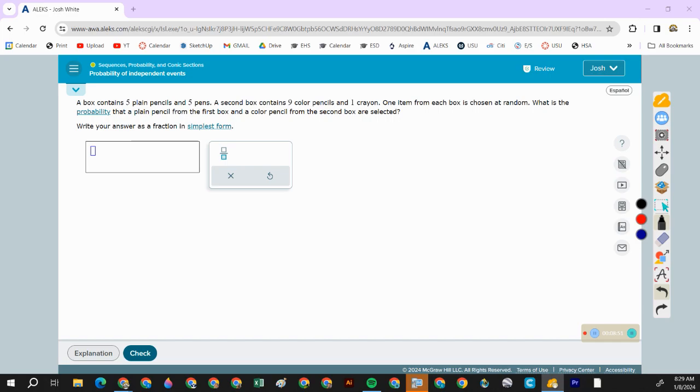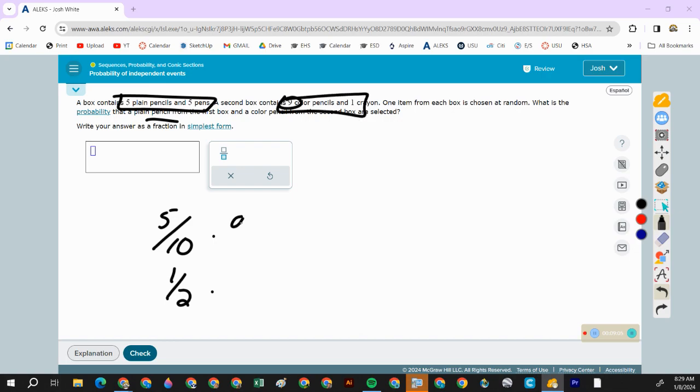So the first draw, we want a pencil, which is going to be 5 out of 10, or 1/2. And the second one, we want a colored pencil, which is going to be 9 out of 10. We multiply those together. 1 times 9 is 9, and 2 times 10 is 20. So the probability is 9 out of 20.